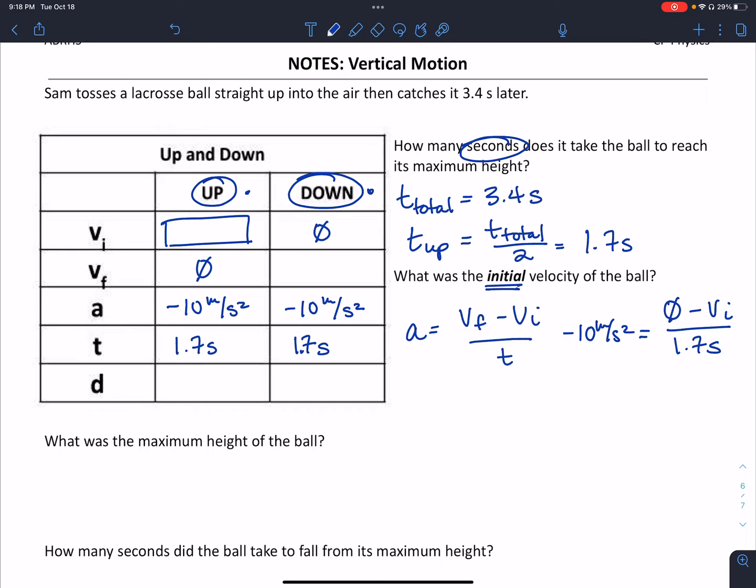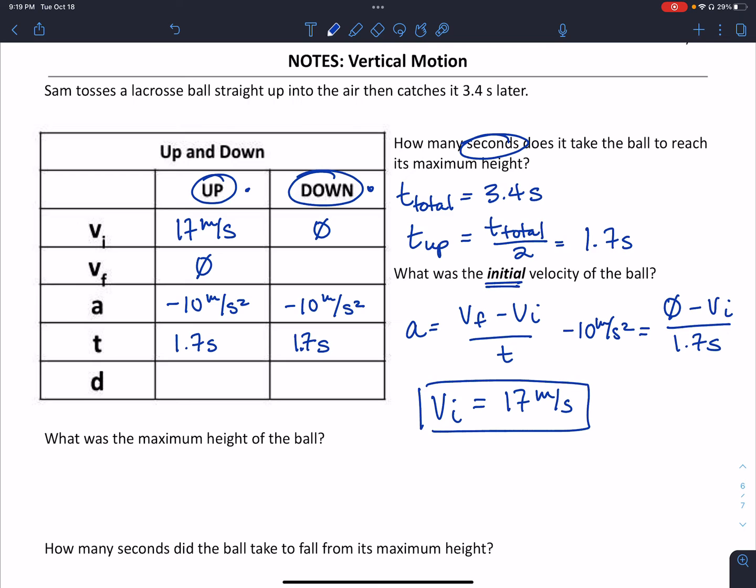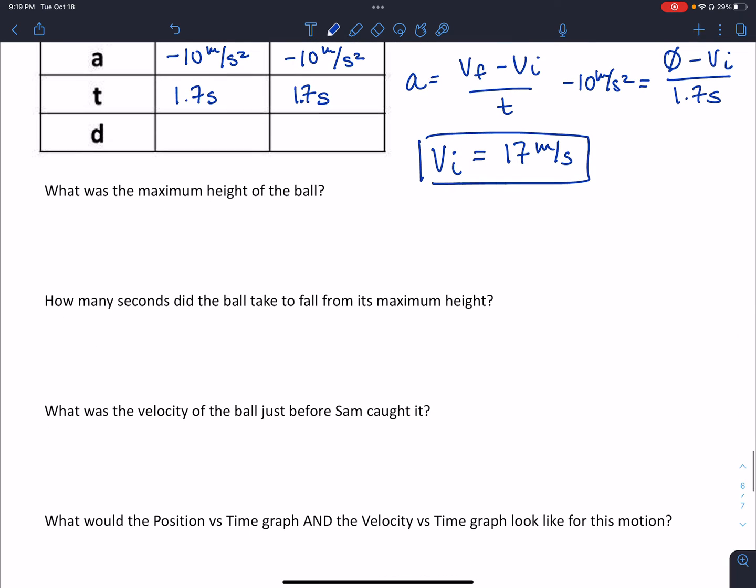We rearrange and solve for v initial, and we find the initial velocity was 17 meters per second. That is the velocity we gave the ball as it left our hand, or I guess in this case, Sam's lacrosse stick.